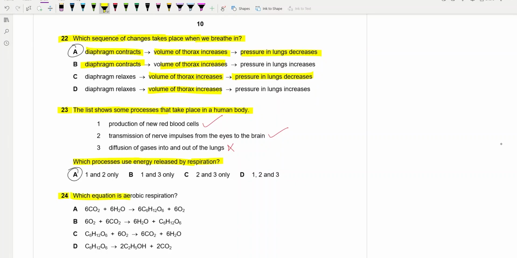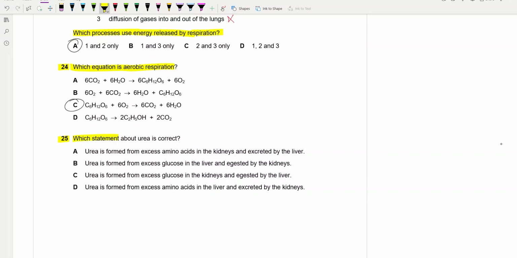Question number 24. Which equation is aerobic respiration? Aerobic respiration is glucose plus oxygen, which produces carbon dioxide plus water. So the correct option would be option C. Question number 25. Which statement about urea is correct? Option A says urea is formed from excess amino acids in the kidneys, which is wrong. It is not formed in the kidneys, and excreted by the liver, which is also wrong.